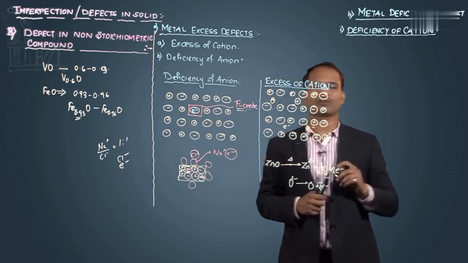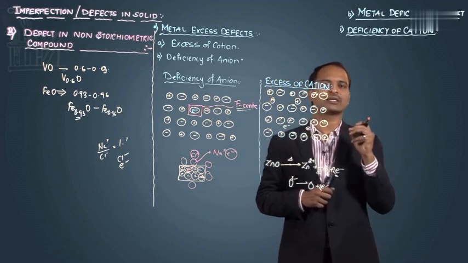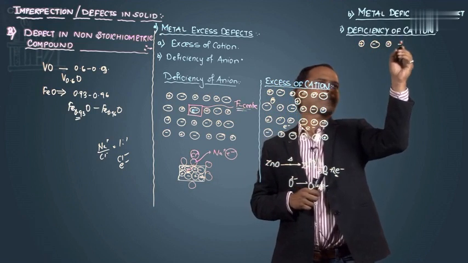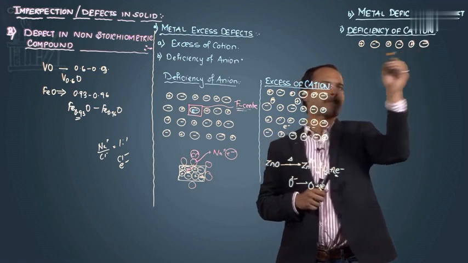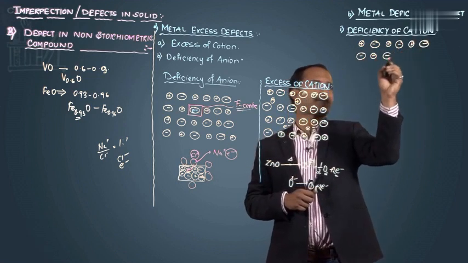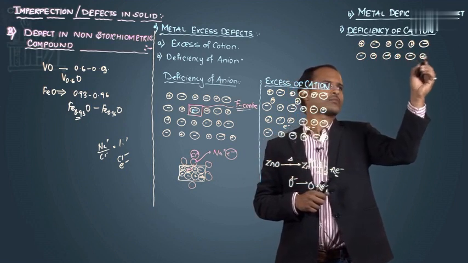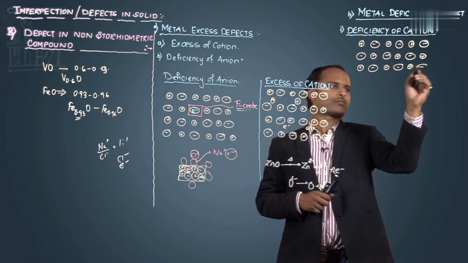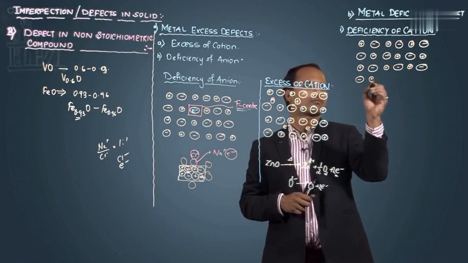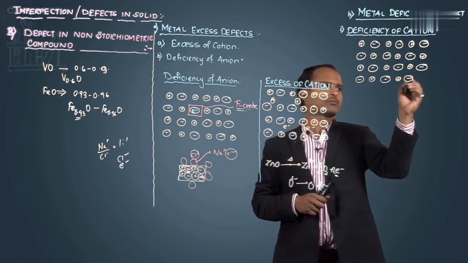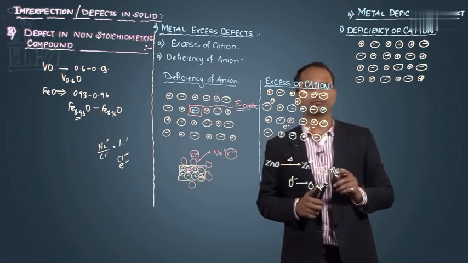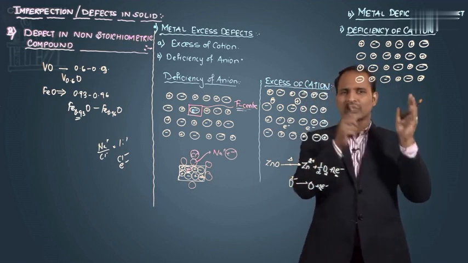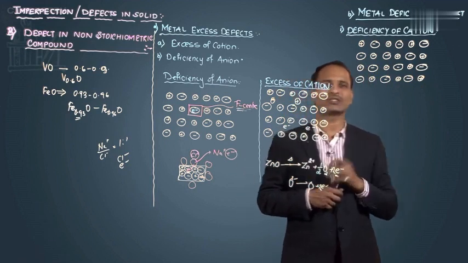Now in case of deficiency of cations, the cations are less in number. So again, like this is an ionic solid. Cation, anion. Now in the case of this deficiency of cations, what happens?